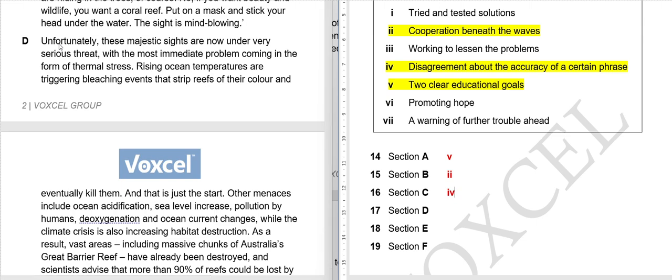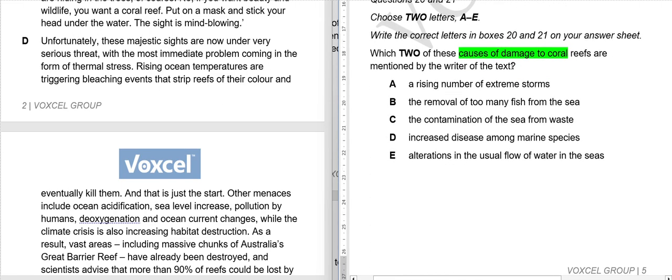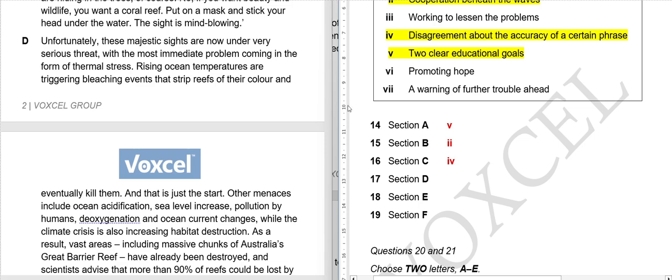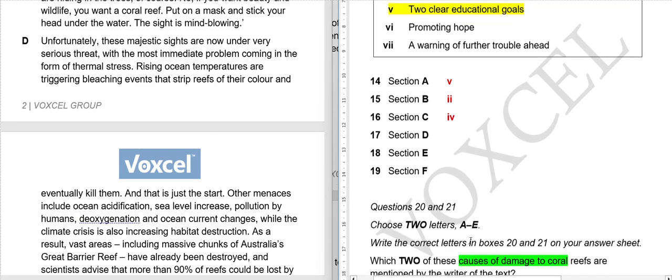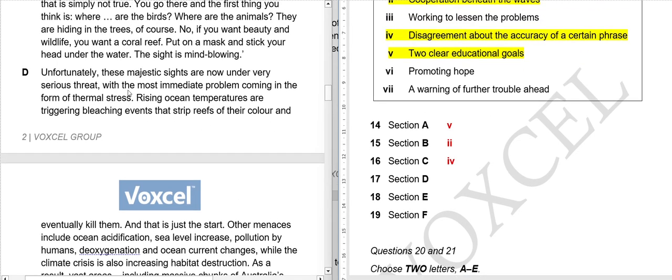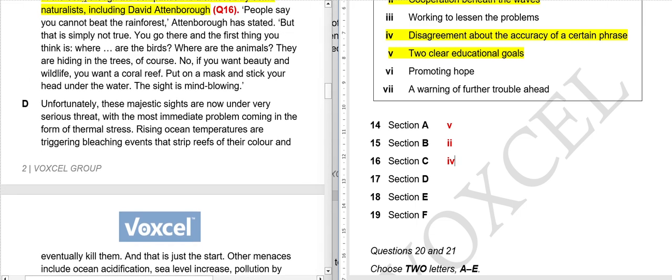Unfortunately, these majestic sites are now under very serious threat. So here's something about threat and causes of damage. Let's see. First we will read the paragraph, then we will come here. With the most immediate problem coming in the form of thermal stress. So they are saying that the immediate problem in front of us is in the form of thermal stress.